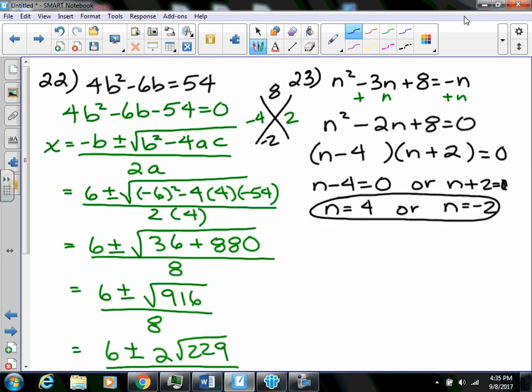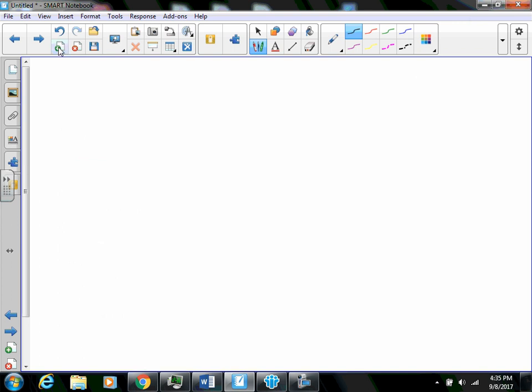Okay, now I want to do that same problem again by completing the square. So let me rewrite it again. Okay, again, to complete the square, your leading coefficient needs to be a 1, which it is. There's an understood 1 over here. But it still has to be in standard form before you can start. So I'm going to move this n over by adding it just like I did before.